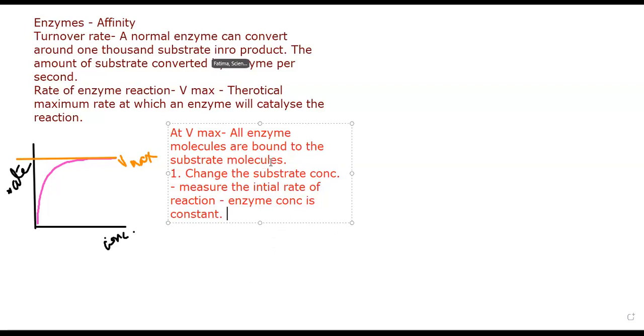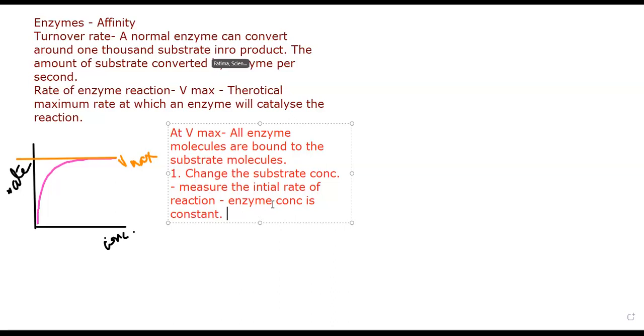In our case, the independent variable is the substrate concentration. The independent variable is the variable that you can change. Remember that. The substrate is in your control, you can change that. And the dependent variable is what you will be measuring. So we are measuring the rate of reaction. Anything else besides this is pretty much control variables.